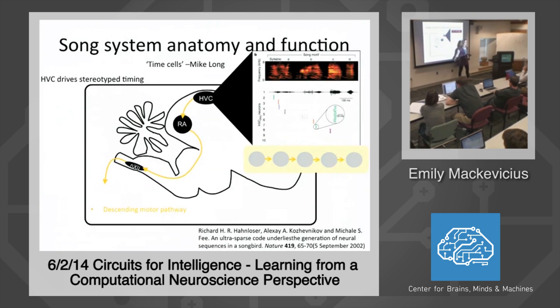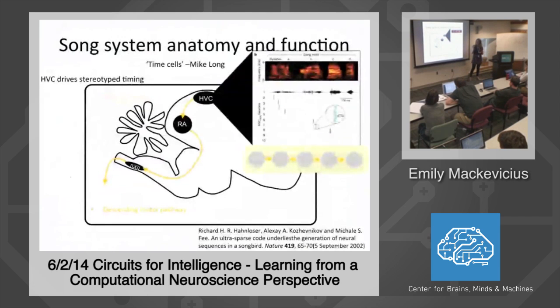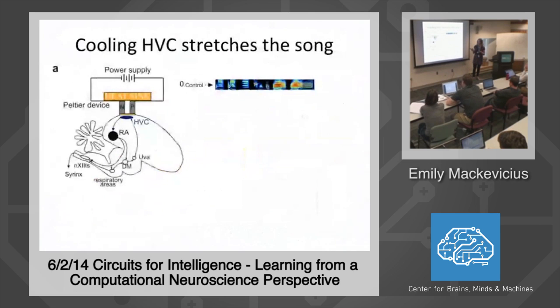So how does the bird brain generate song, first of all, before any learning? There's a descending motor pathway. Neurons in HVC drive motor neurons in RA, which produce vocalization. And in HVC, each neuron will fire at a particular time in the song.